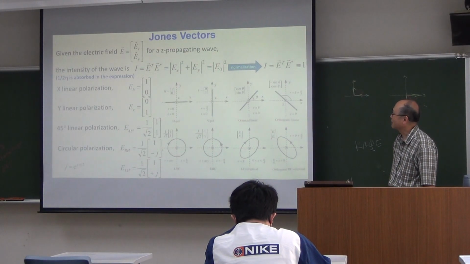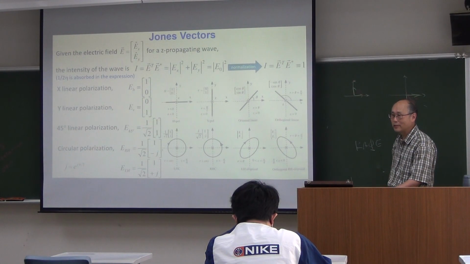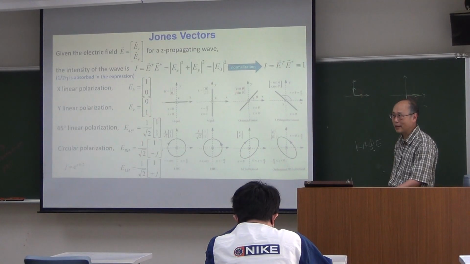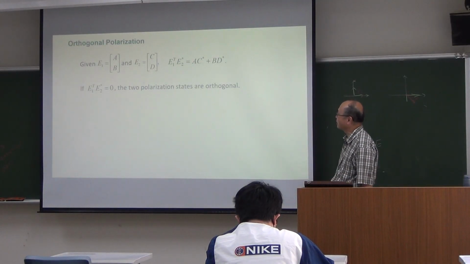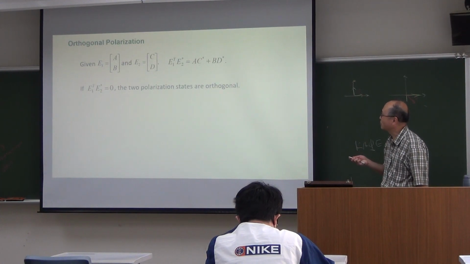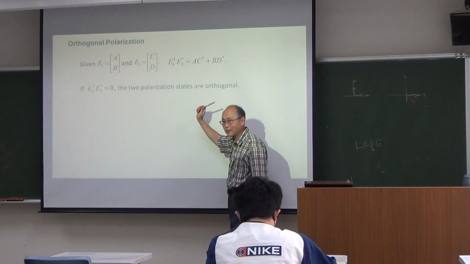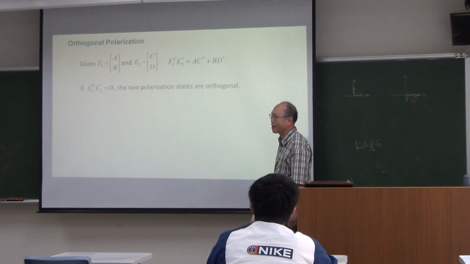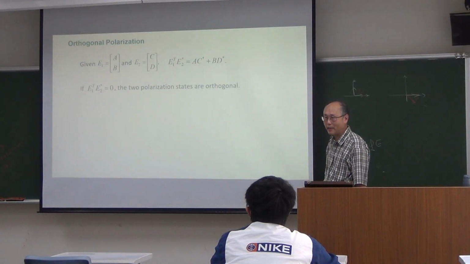All right. So this is the Jones vector. The good thing about the Jones vector is that if you use it as the input, then you will get some output after propagating the light through some elements. Okay. So let's check the properties of the Jones vector. If I have 2 Jones vectors for 2 polarizations of light, you can check whether or not the polarizations are orthogonal or perpendicular to each other.